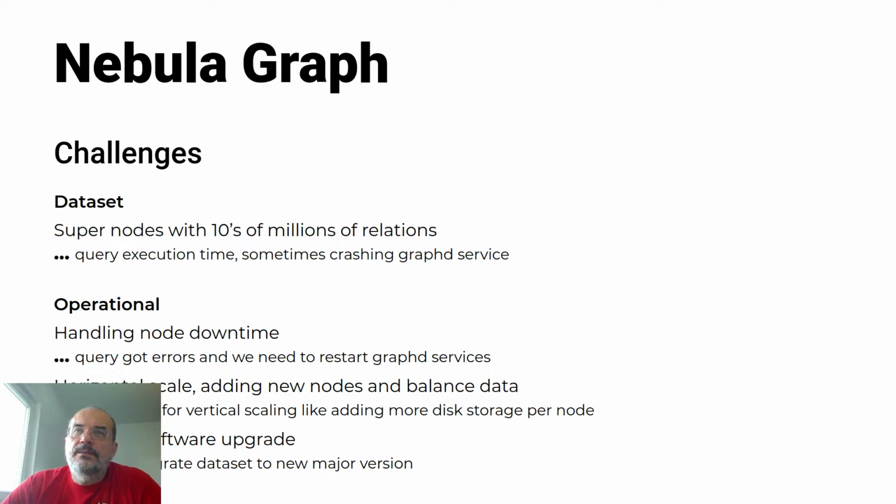One of them is the data set. When you have nodes with tens of millions of relations, it is a huge amount of data to parse, to query, and the query execution time sometimes can crash the GraphD service of Nebula Graph. It is actually the engine which executes the query, so it can be using all the memory or be unable to process all the data, so it can crash in some situations.